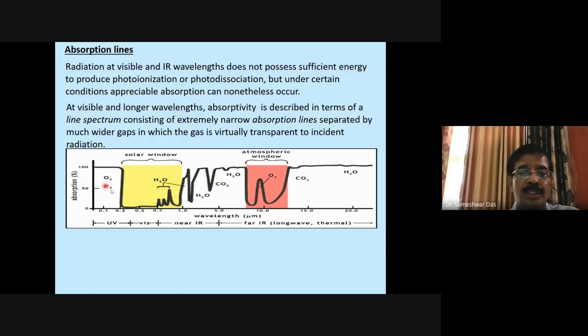For example, oxygen, ozone, water vapor, carbon monoxide, carbon dioxide, and so on. So different gases display different characteristics of absorbing the atmospheric radiation in different wavelengths.